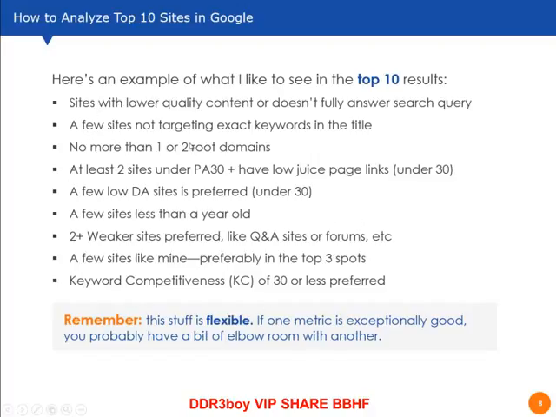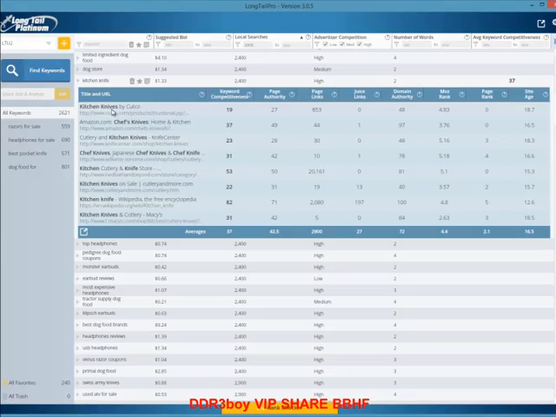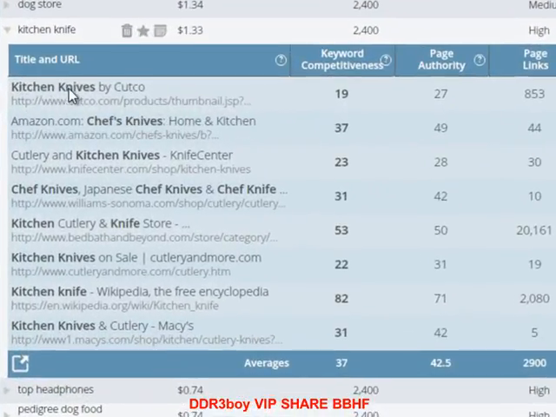The first thing I want to look at is, are there sites not targeting the exact keywords in the title? It's very easy to look at, since the keywords are bolded in the title here. We can see kitchen knives, chef's knives, kitchen knives, kitchen chef knives, and so on. Notice that I'm treating the plural the same as the singular, so it doesn't matter that they say kitchen knives or kitchen knife.